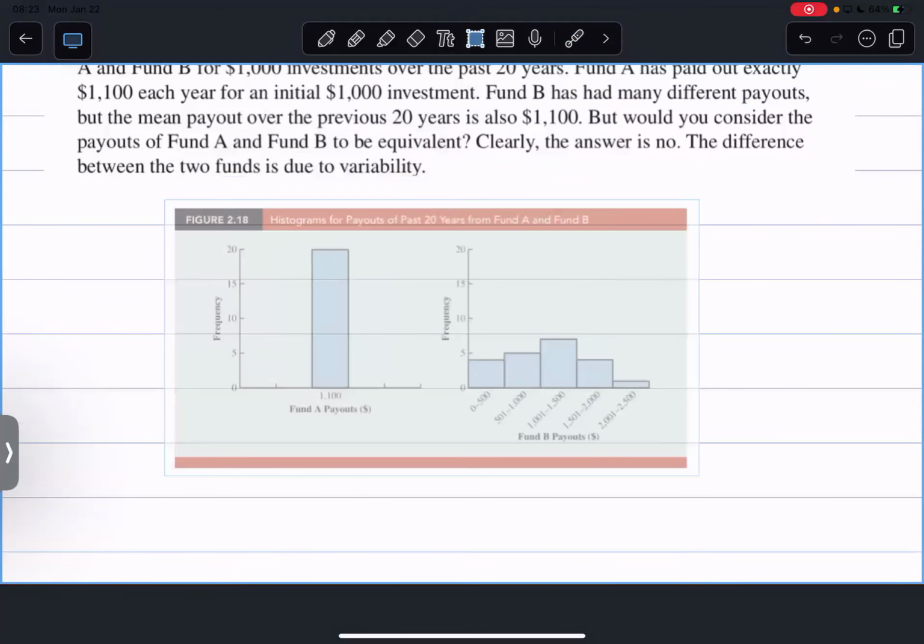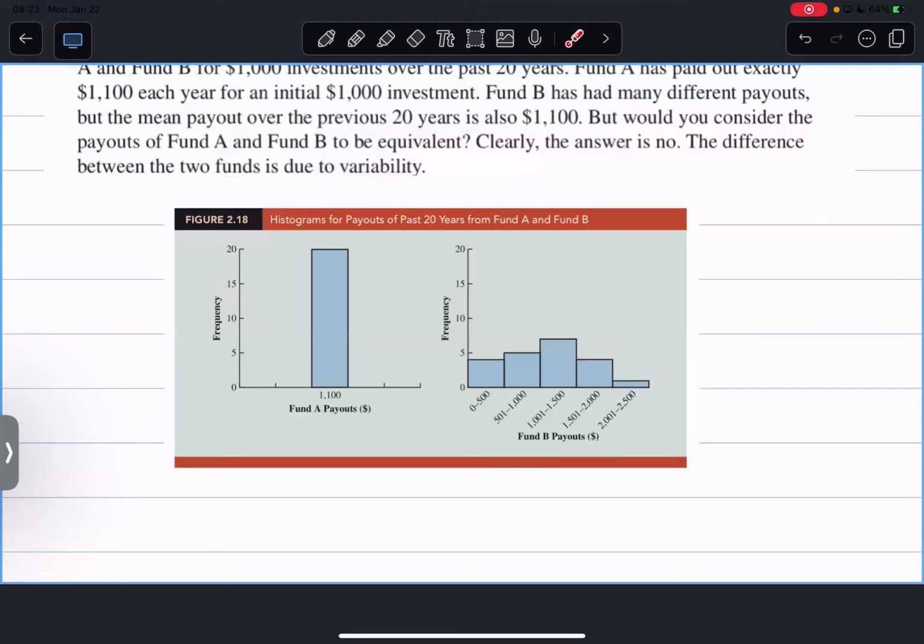Right. And I think if I just gave you this to look at, and I asked you which one has the least variability, just intuitively, you would say, well, this one doesn't seem to have any variability at all. And that's exactly right. Whereas this one had different payouts, different years, and different frequencies.